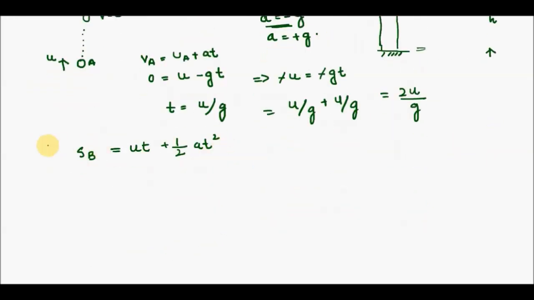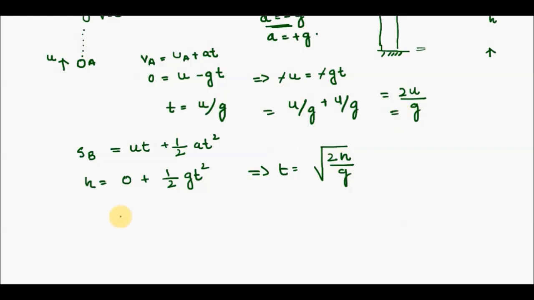So for S_B I can write h, and since the initial velocity of ball B was 0, I'll write this as 0, and this will be equal to simply half g t squared. If I rearrange this, I get t as square root of 2h over g. Now from our question, this time is simply equal to the time for ball A.